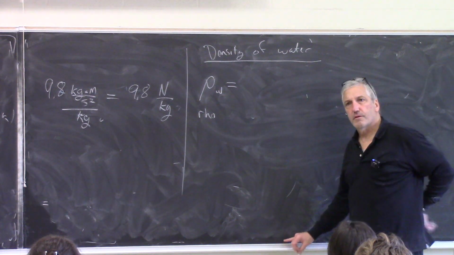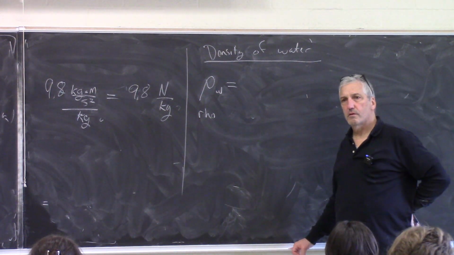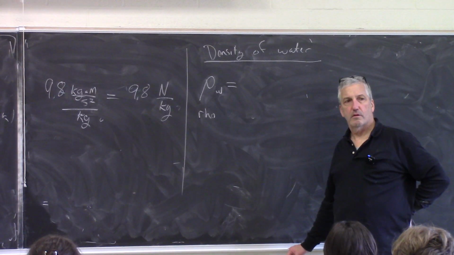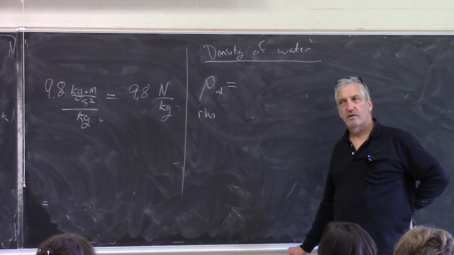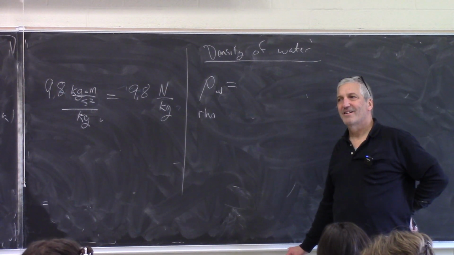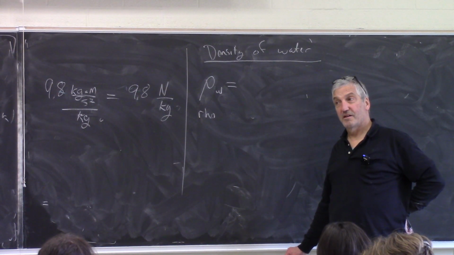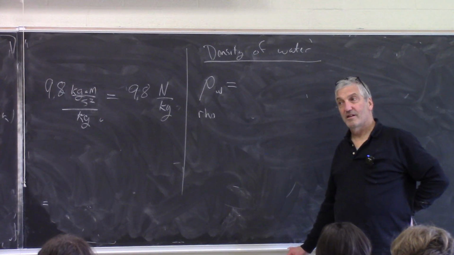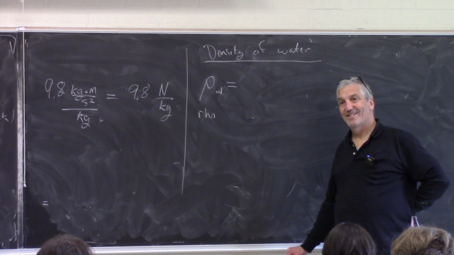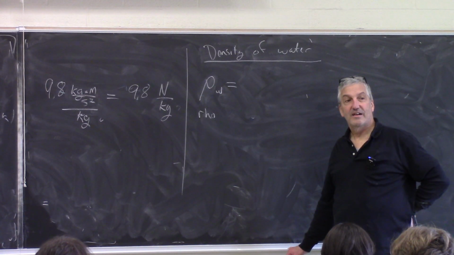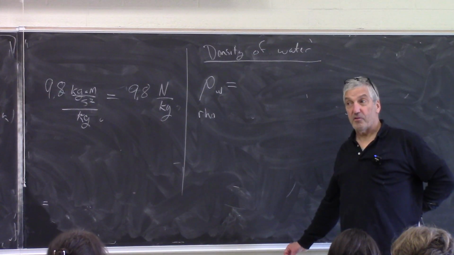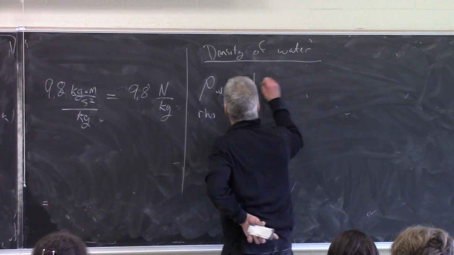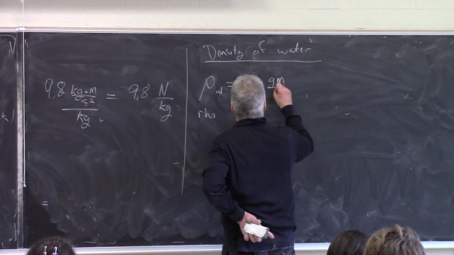Anybody remember this? Cassie, you sort of had your hand up. Yeah, it's pretty close to one. One what, though? Gram per cubic centimeter. Exactly. It's not pretty close to it. It's exactly 1 gram per cc.